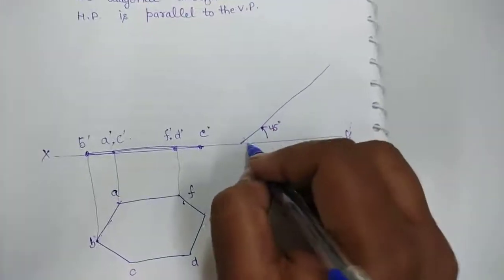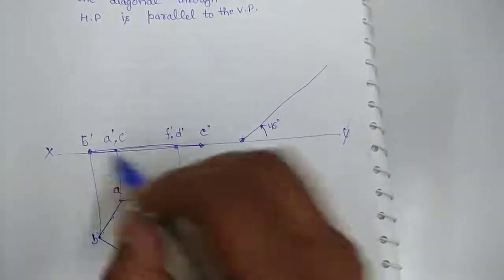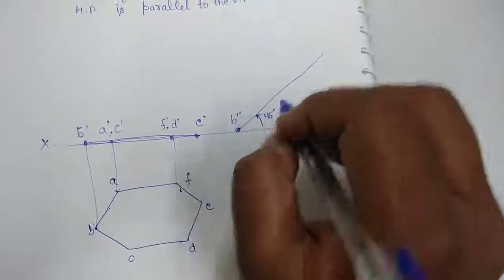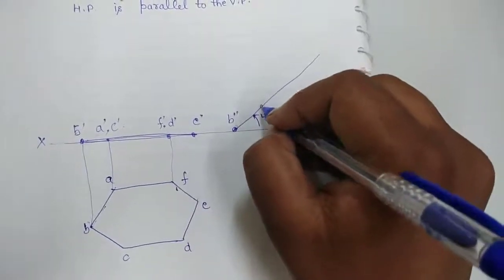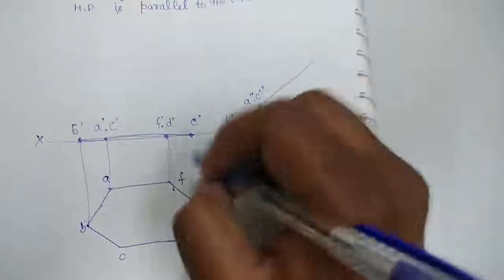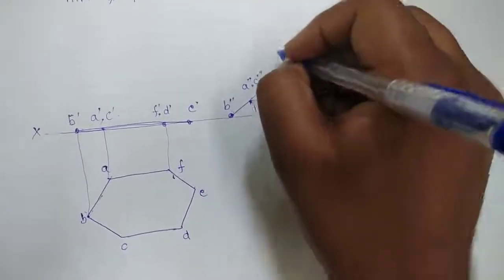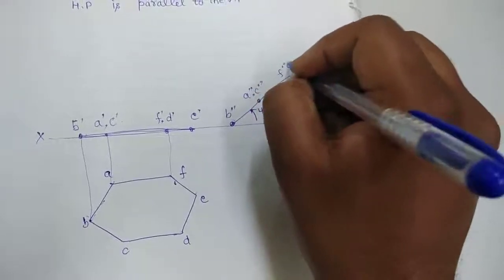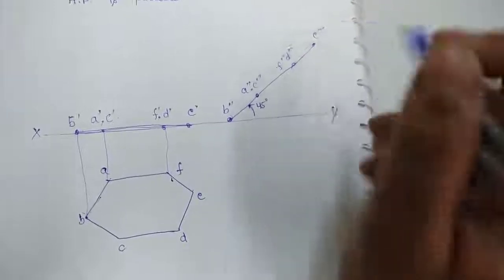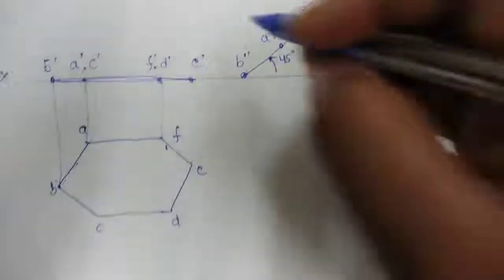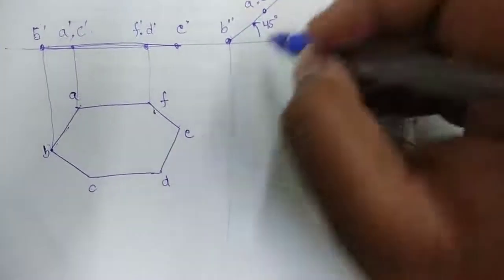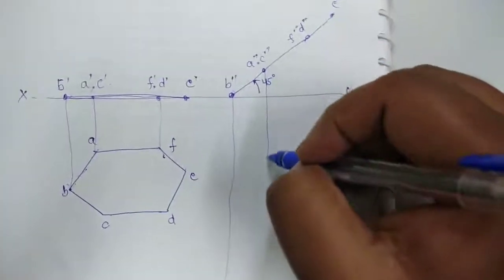You know these points: B double dash, A double dash, C double dash, F double dash, D double dash, and E double dash. Now you don't have to do anything, just project the end points like this in the downward direction.